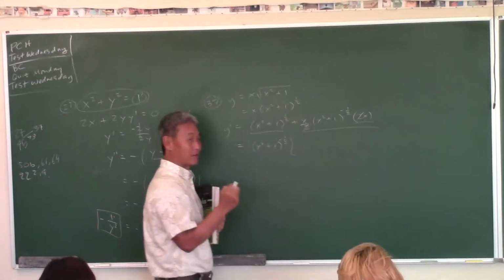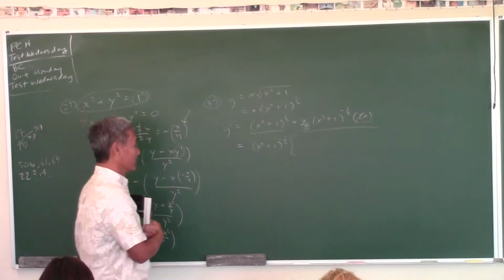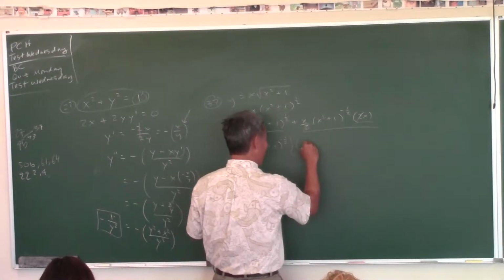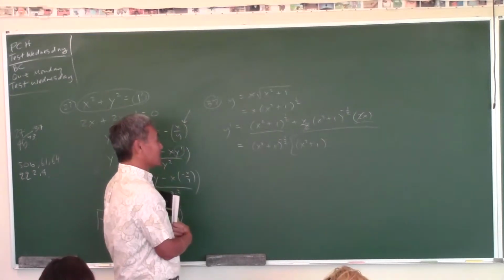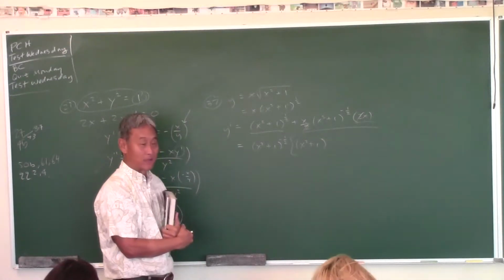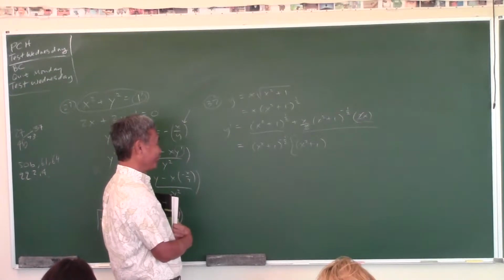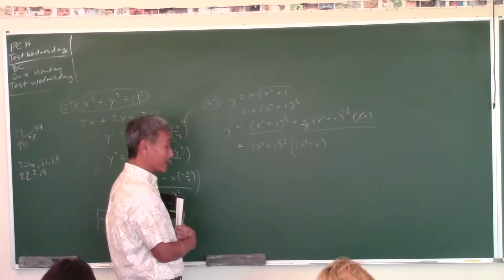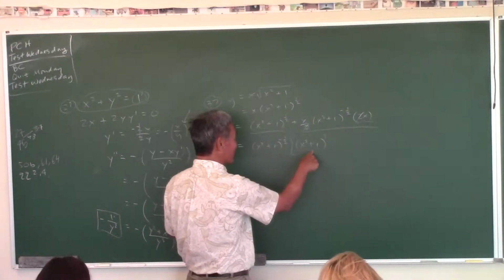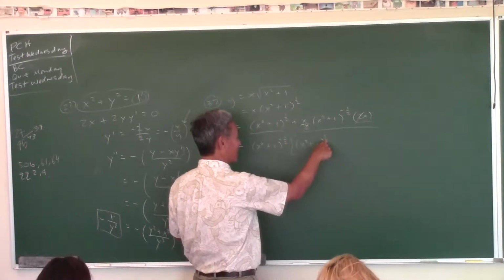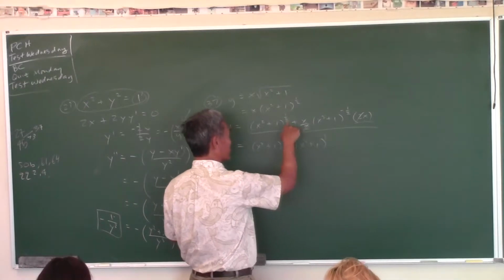You always factor out the smaller exponent. What's going to be left? X squared plus 1 to the, remember we did something like this last week? 1. 1 to the 1. Because when you multiply things, what do you do with the exponents? Don't you add them? Isn't negative half plus 1 equal to 1 half?